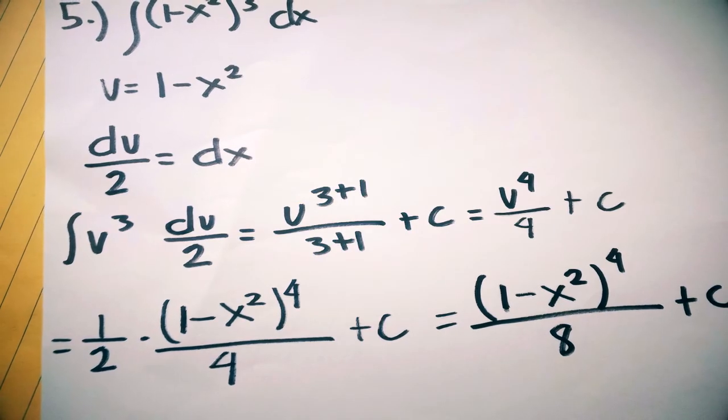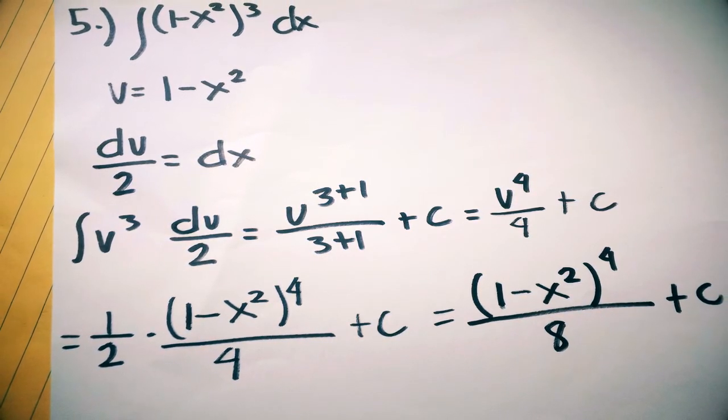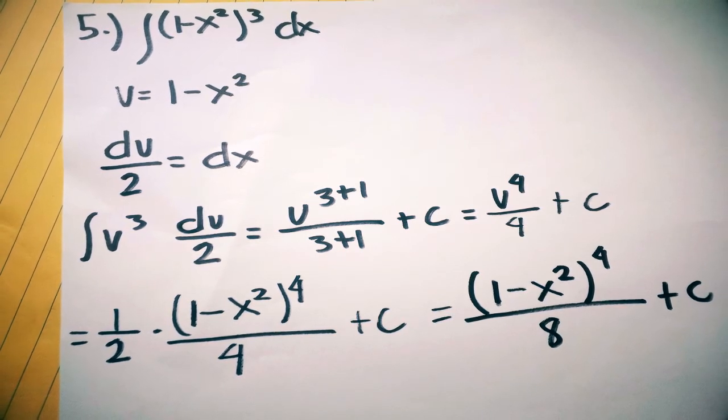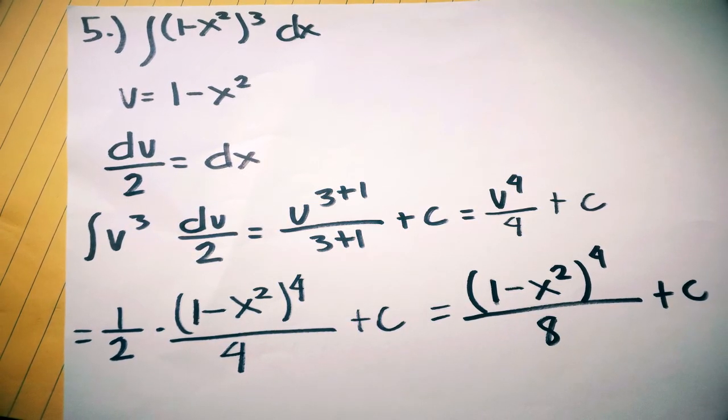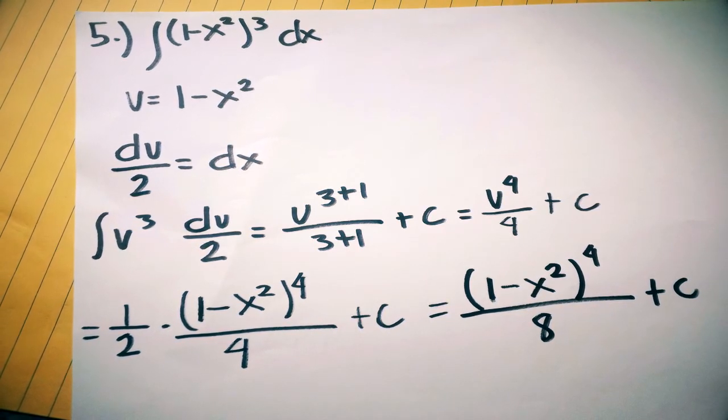And lastly, number 5, the integral of the quantity 1 minus x squared, raised to the power of 3, dx. u equals 1 minus x squared, du over 2 equals dx.